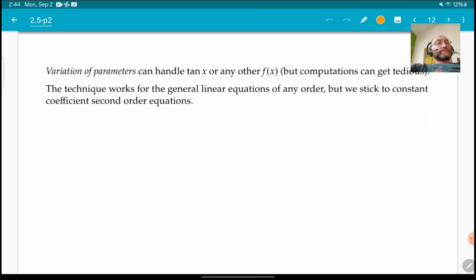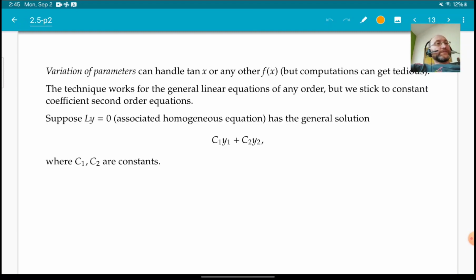All right. So we will stick to second order constant coefficient ODEs, but really, it will work for linear ODEs, provided that you can somehow get the complementary solution to the homogeneous version, the associated homogeneous equation. So for example, if we're second order, we have that this linear operator Ly is 0.